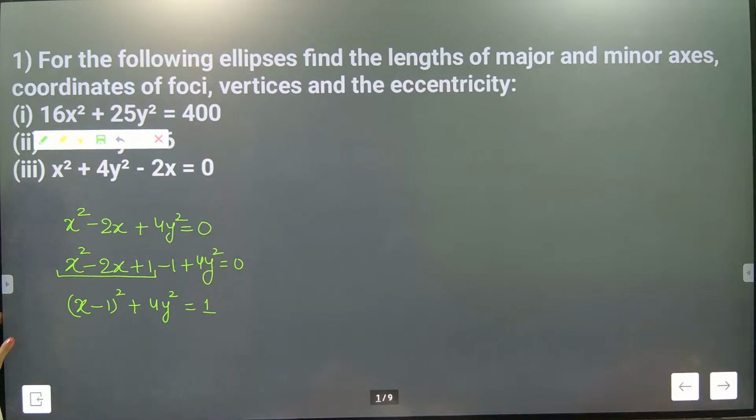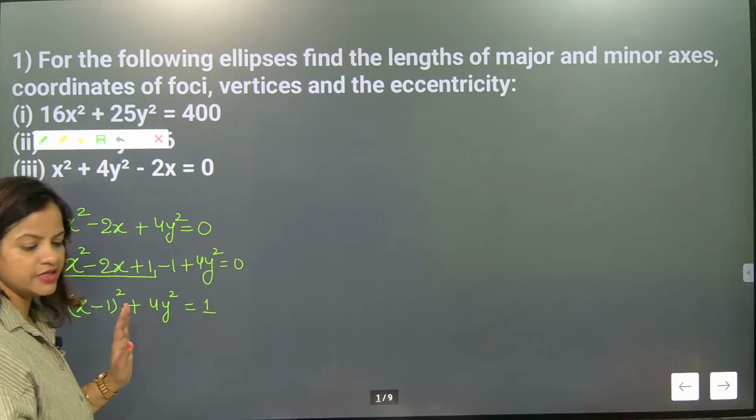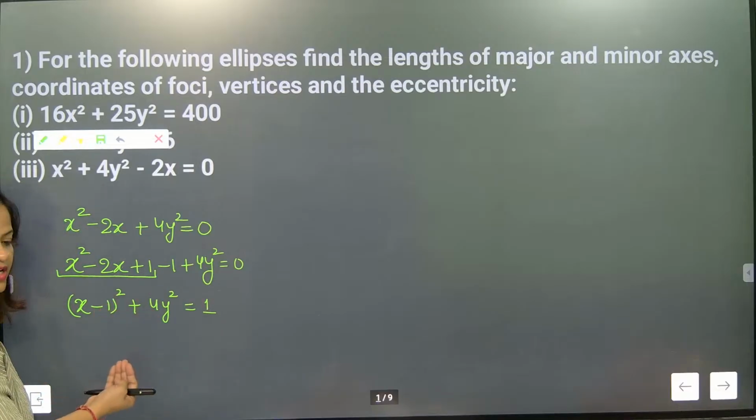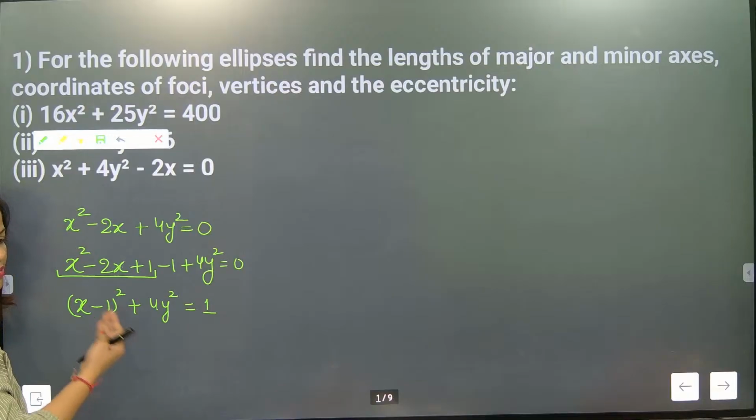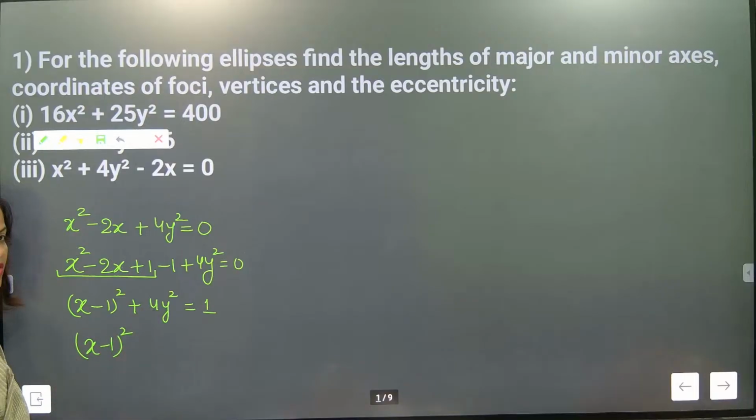Got it? Did you notice here, I just wrote this section like this. Now it is going to get converted into our standard equation. But how will it get converted, because here 4 is there? So one provision is there. (x minus 1) whole square we will not change; nothing written means here it is 1. This became our standard part.